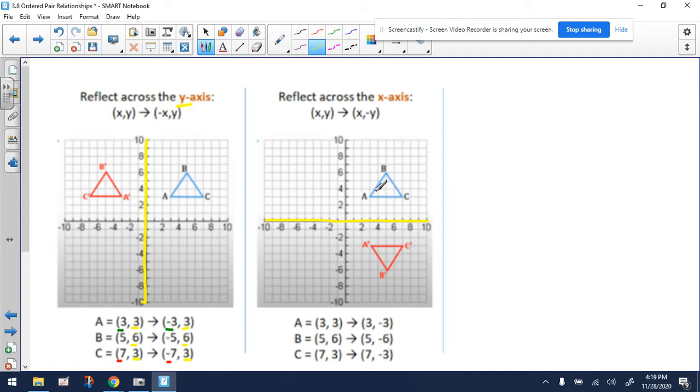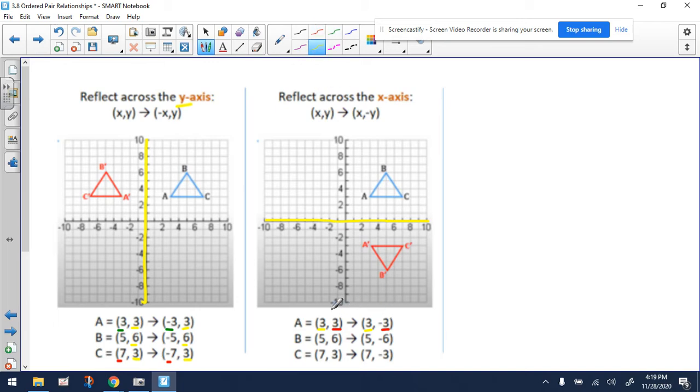So let's take a look at the original point for point A. Point A is (3, 3). Its reflection is (3, -3). So notice that in this case, we keep the x-coordinates the same, and it's the y-coordinates that we change to their opposite. So the y was 3, the opposite of that is -3.